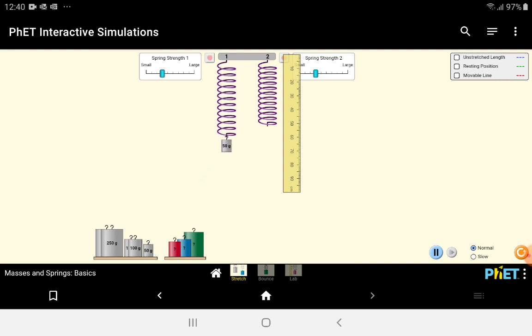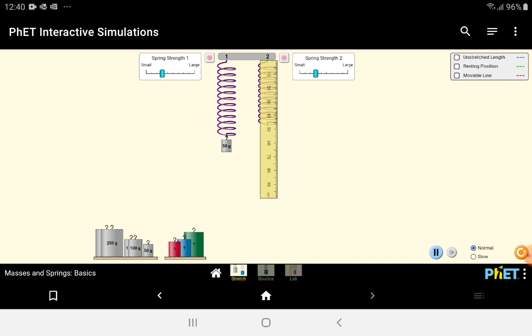Keep in mind that you need to have a reference point, so we use the ruler. Our unstretched spring had a length of about 45 centimeters. We move the ruler up, and we see that our new value is about 55 centimeters, so the extension is 10 centimeters.